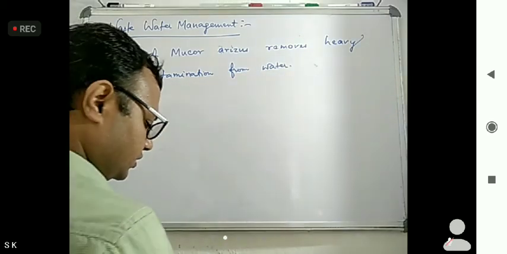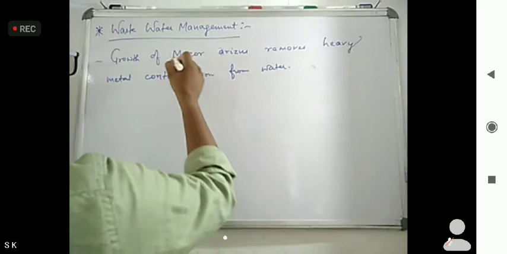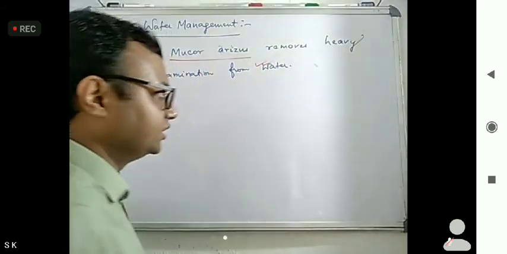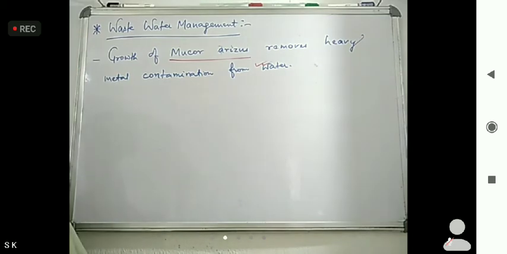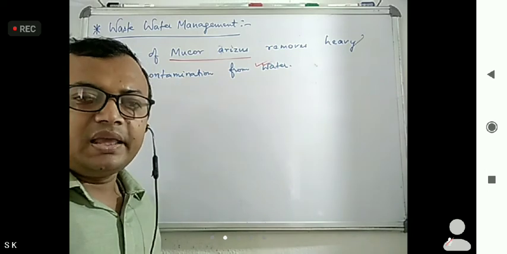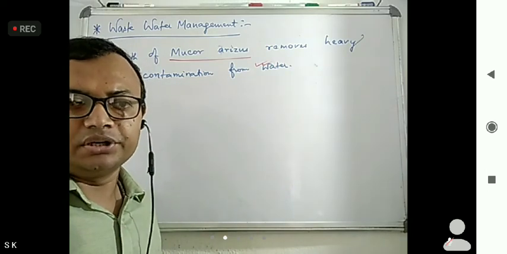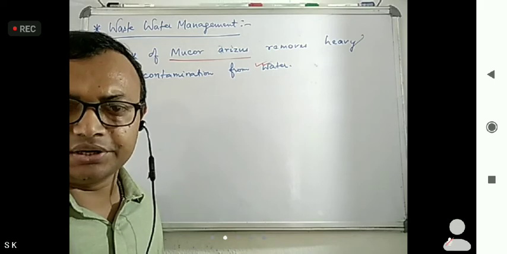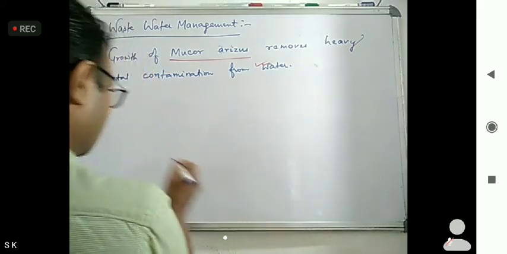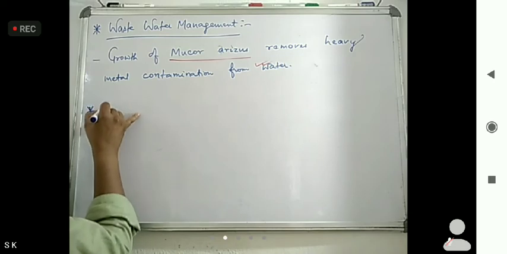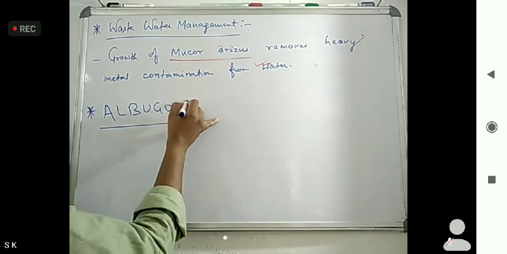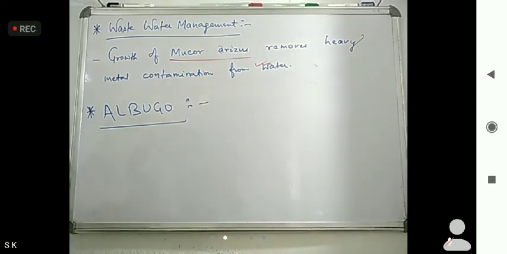Okay, so you have to remember which organism removes heavy metal contamination from water. Okay. Now, this phycomycetes, another group is there, another member is there, that is albugo. Albugo, and this albugo we'll discuss in the next class. Thank you.